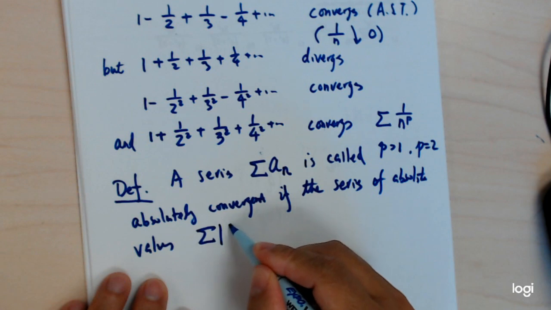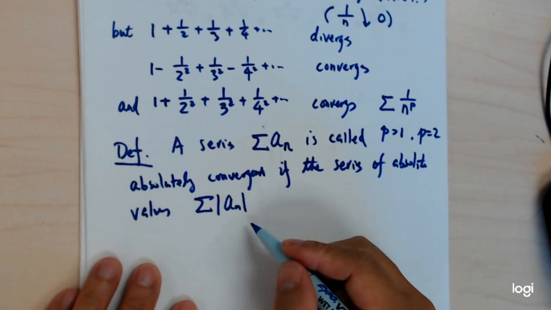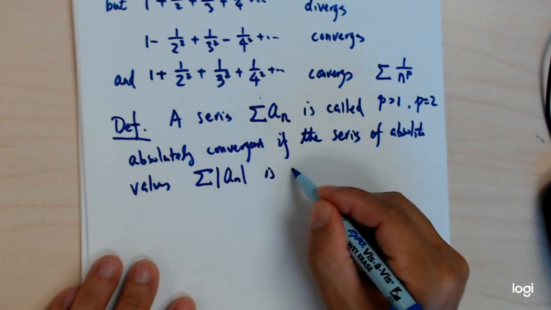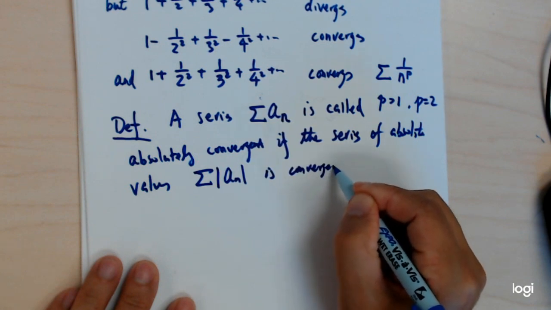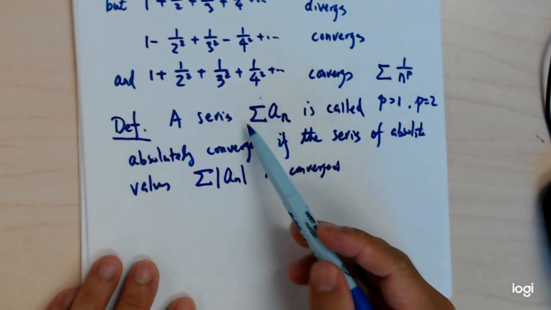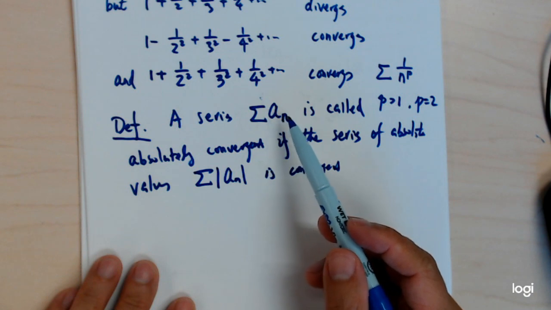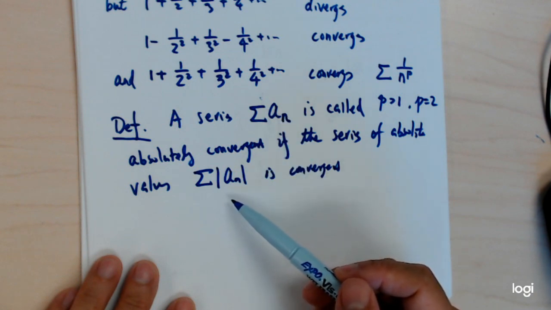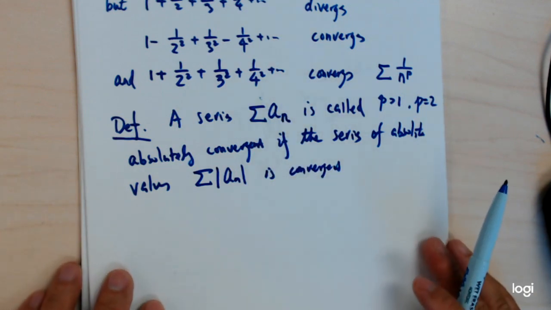So just put the absolute value sign on both sides of all the terms. Is convergent. So the original one may be a series with some negative terms in there, but the absolute value series, for sure, is a positive series.